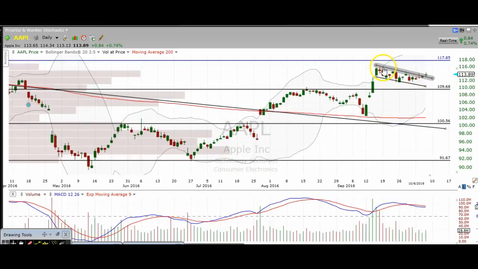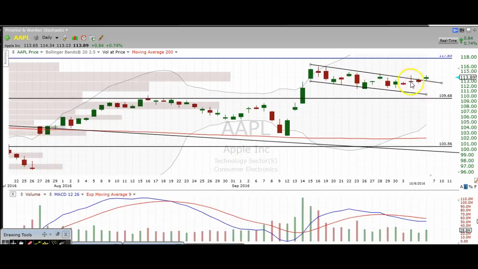Right here we have a bull flag that's been forming, and the way that I have it drawn, we just broke over it today. So today we closed over this flag right here, so more than likely Apple is going to continue higher here in the near term.